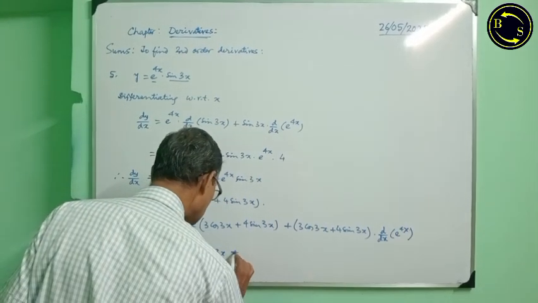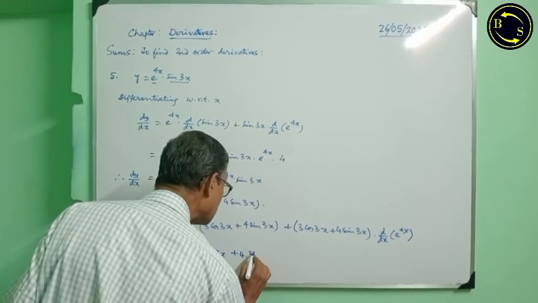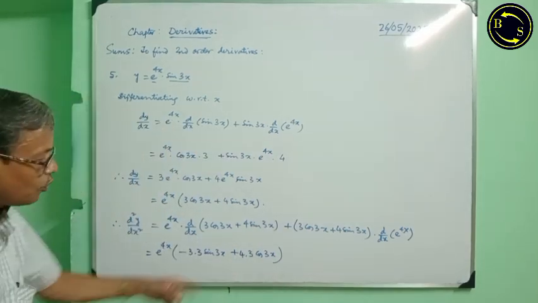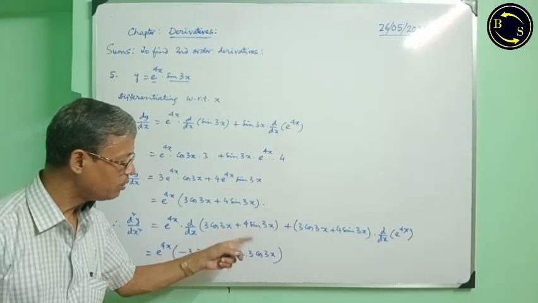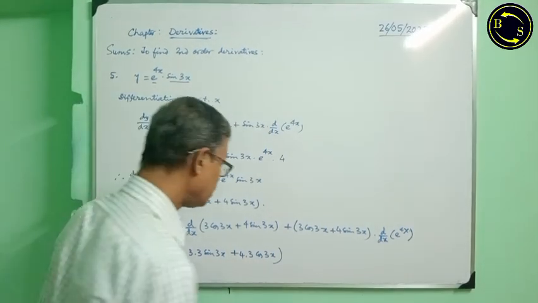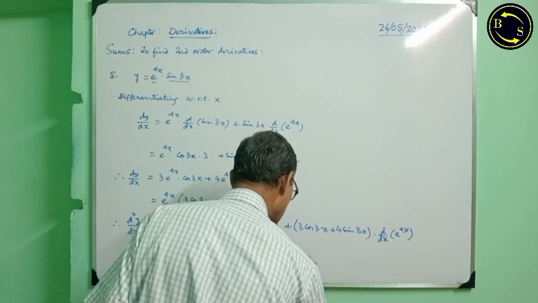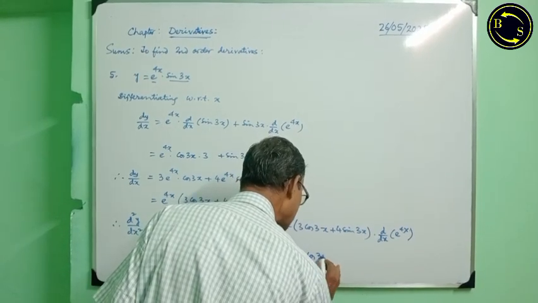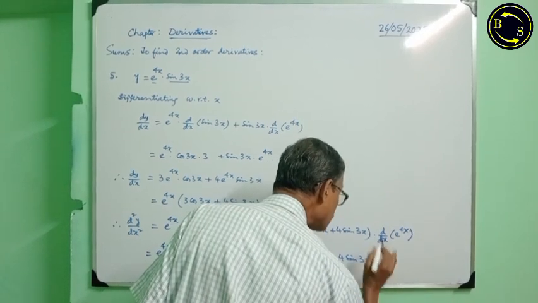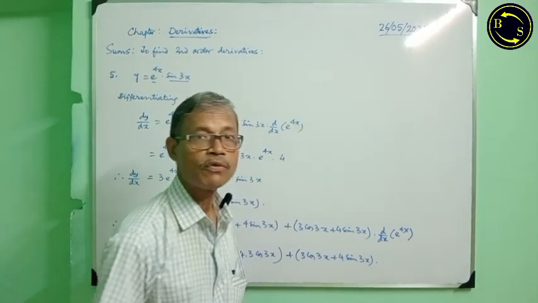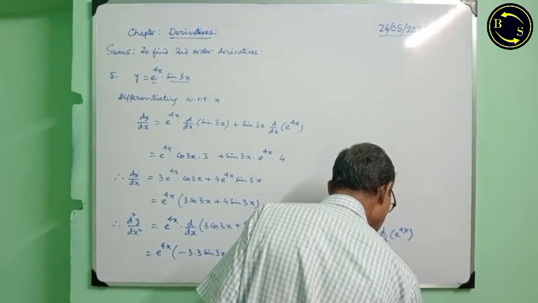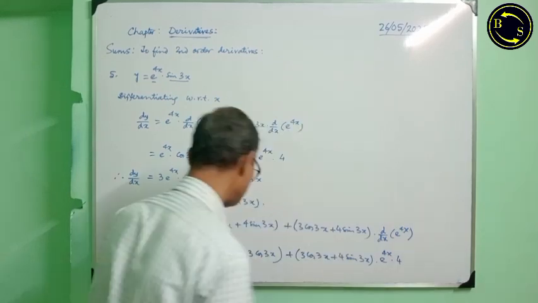Then 4 into 3 cos 3x. 4 constant, derivative of sine 3x will be equal to cos 3x into derivative of 3x, that is 3. Then plus 3 cos 3x plus 4 sine 3x into derivative of e to the power 4x, e to the power u, e to the power 4x into derivative of 4x, that is equal to 4.